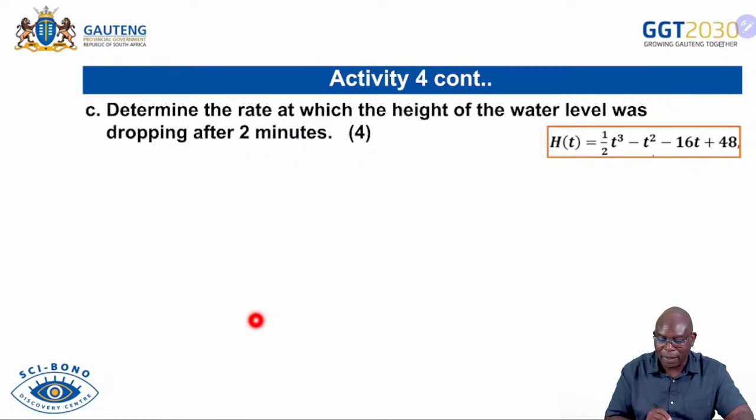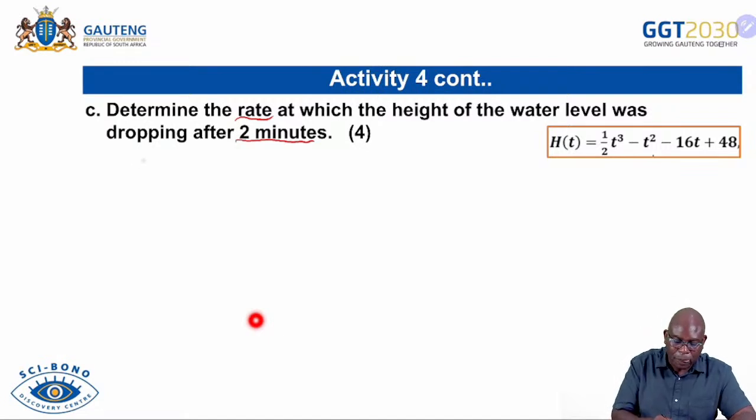Part c says, determine the rate at which the height of the water level changes. You see the word rate? Then I know I'm doing rate of change, so I'm going to differentiate. After differentiating, I need to find the value of my derivative at 2 minutes.